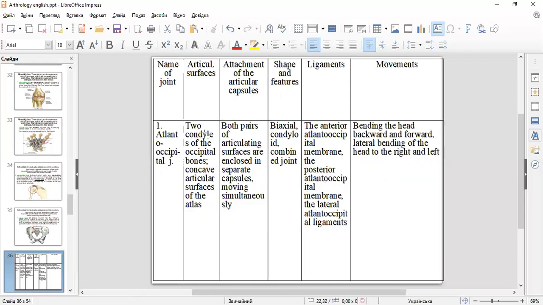For example, take the atlanto-occipital joint. Articular surfaces are the two condyles of the occipital bone and the articular surface of the atlas. Both pairs of articulating surfaces are enclosed in separate capsules, moving simultaneously.